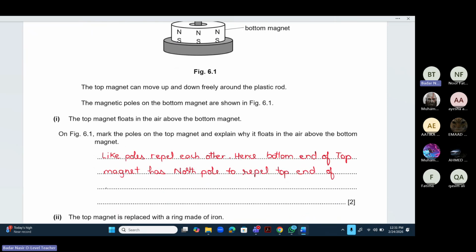End of bottom magnet. ठीक है? Which is also a north pole.